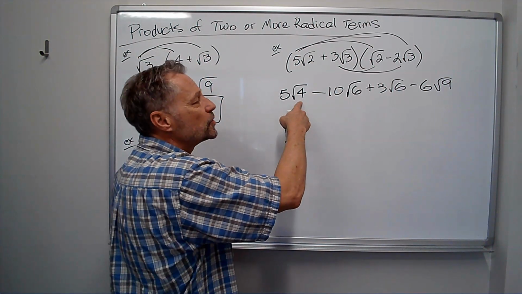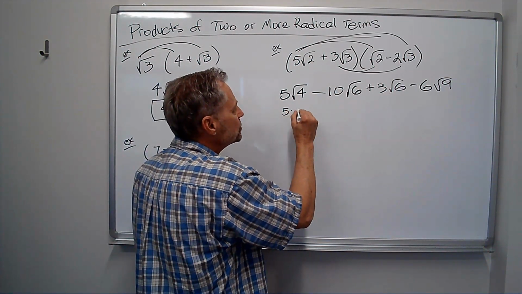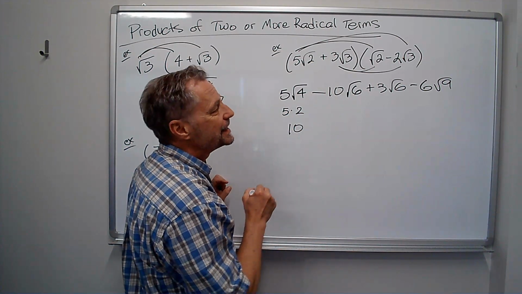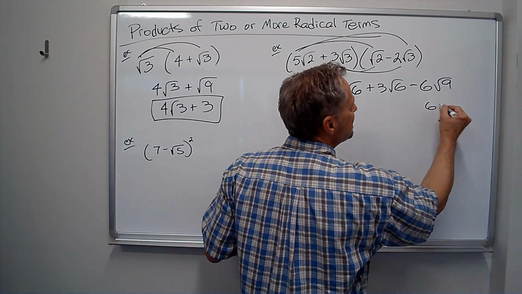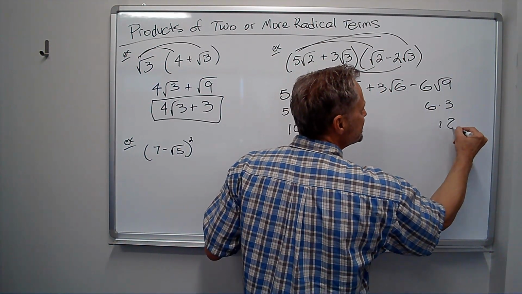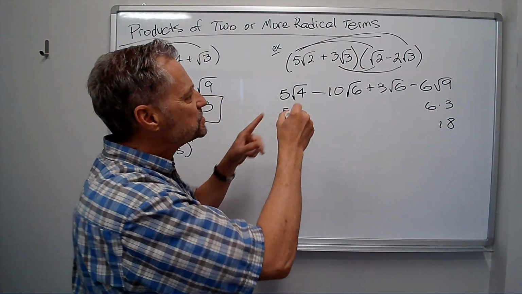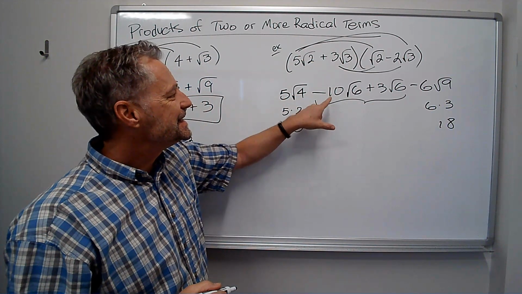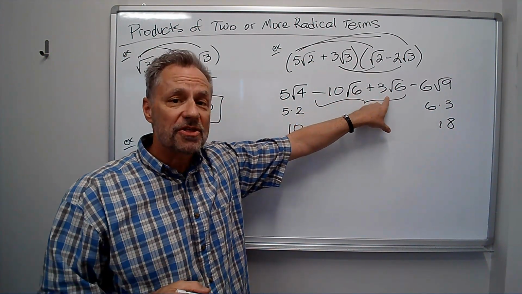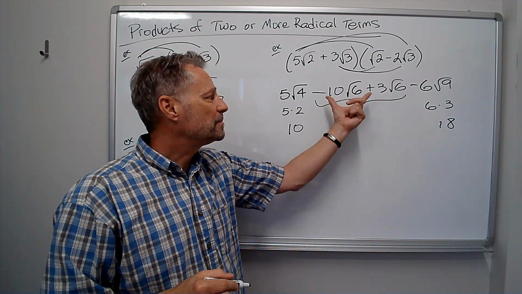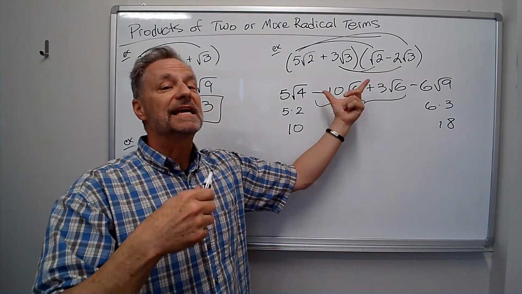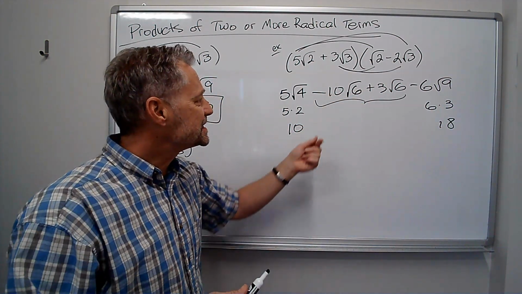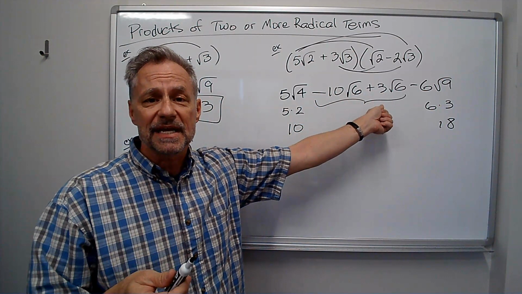Notice, square root of 4, I know. This is just 5 times 2. That's a 10. This one over here is 6 times 3. That's 18. And so I'll just pull these out. Notice these are like terms. Negative 10 root 6 plus 3 root 6. Well, essentially I get negative 7 root 6, however you get to that, but negative 10 plus 3 is negative 7.